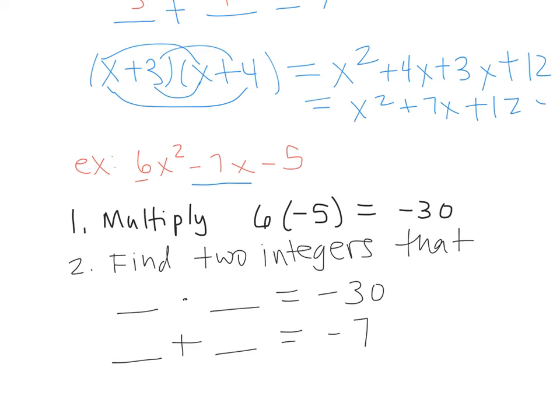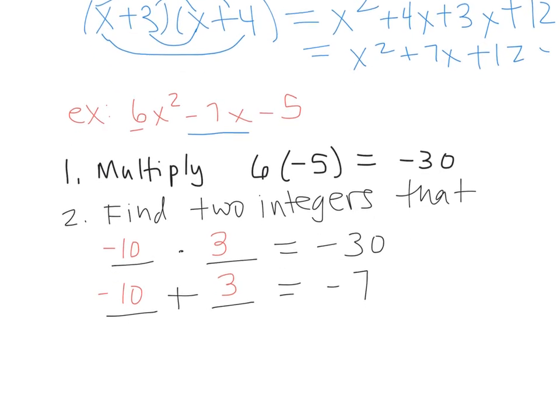We could do 10 times 3. That adds up, or I'm sorry, 10 times negative 3. That is a positive 7, but we want a negative 7. So if we put in a negative 10 and a positive 3, that's going to satisfy both of those conditions.